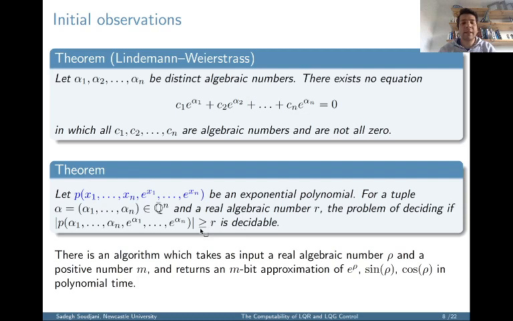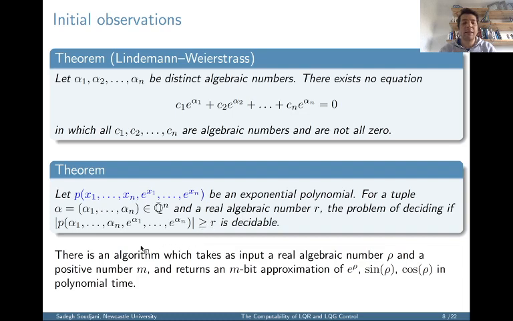Because first I can check equality. I can put the equality sign here, and then I reorder all the terms in the left-hand side and the right-hand side. I get an expression like this in the Lindemann-Weierstrass theorem. Then I can check whether the equality holds or not. If the equality holds, then the answer is clear. If the equality doesn't hold, then I know that the inequality could be strict.